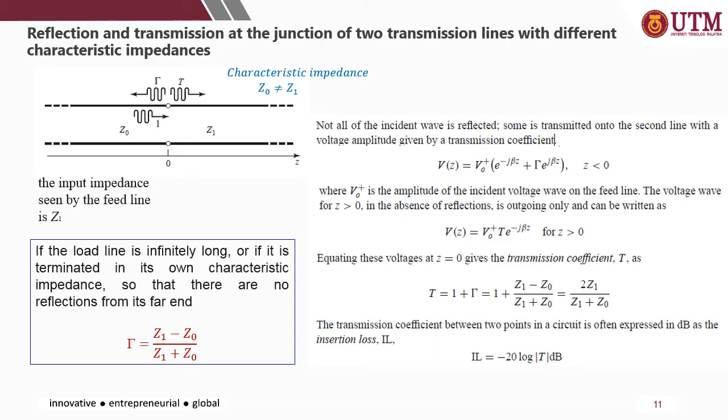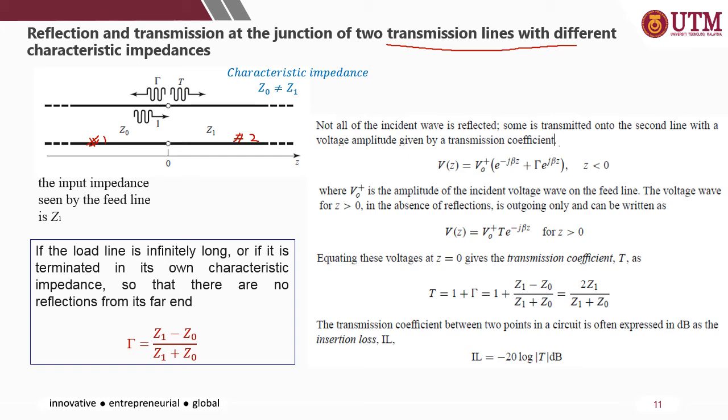Okay, and let's look at the use cases. In practice, a transmission line will be connected to more than one structure, right? So for example, let's look at reflection and transmission at the junction of two transmission lines having different characteristic impedance. In this case, this is the first line, and this is the second line, and their characteristic impedances are not similar.